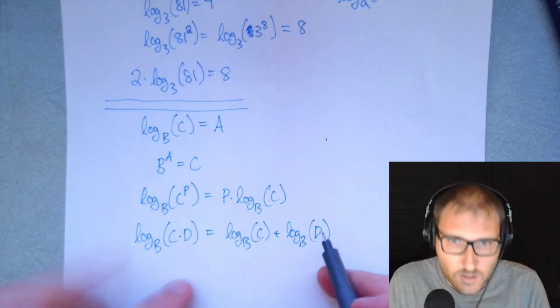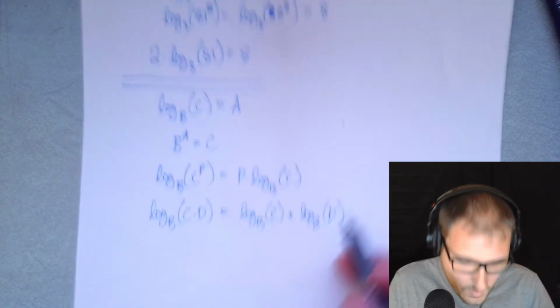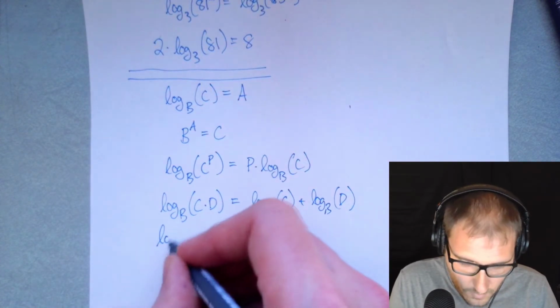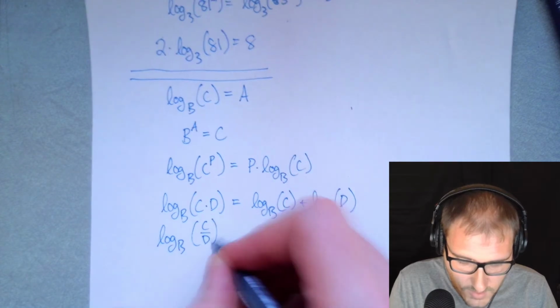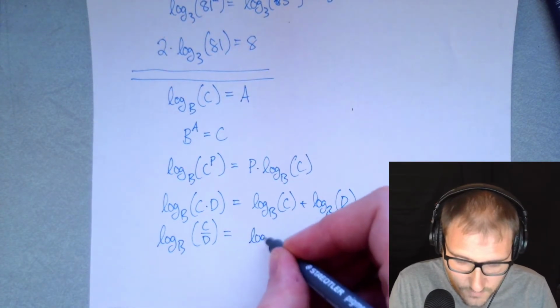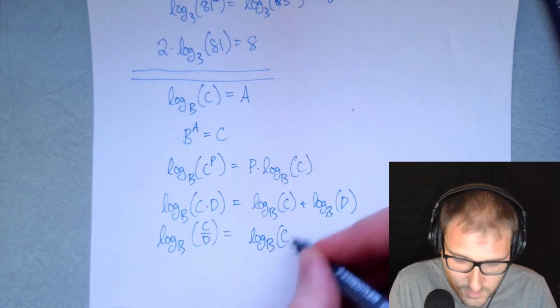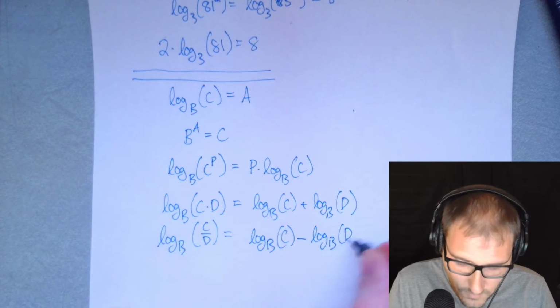And the bases are all staying the same throughout this whole thing. And you might guess what happens if you divide two things, c divided by d. This addition turns into a subtraction: log base b of c minus log base b of d.